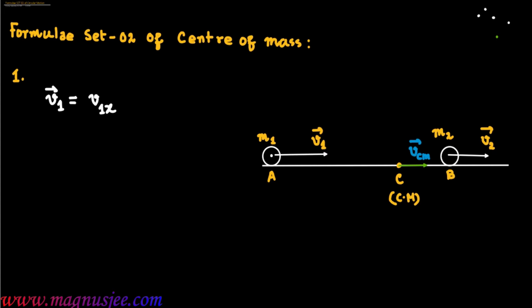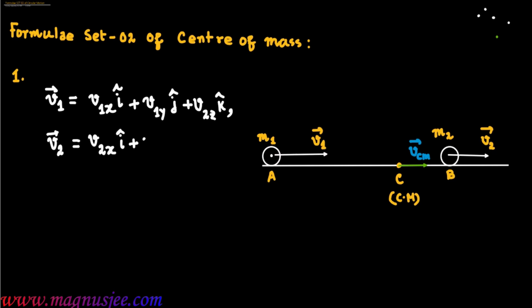Now the expression of vector v1 is v1x i cap plus v1y j cap plus v1z k cap. Vector v2 equals v2x i cap plus v2y j cap plus v2z k cap.